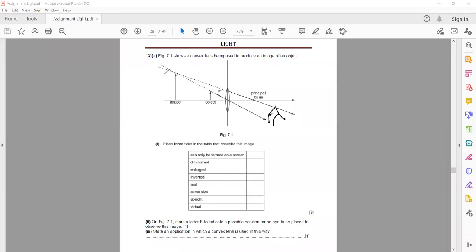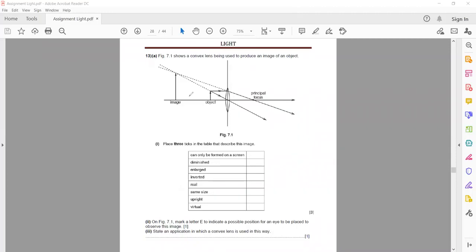You don't have to draw the eye, you just have to mention. And this image cannot be taken on a screen because it's a virtual image.